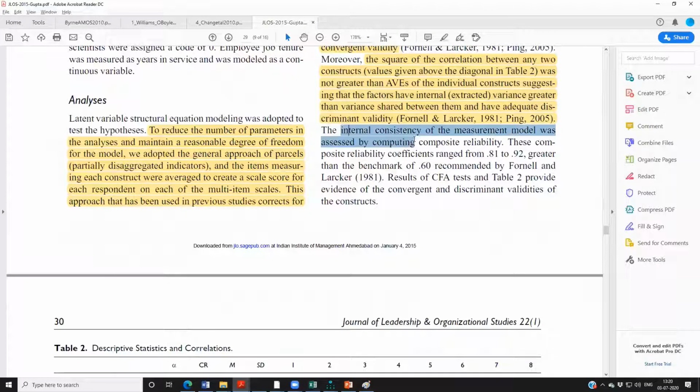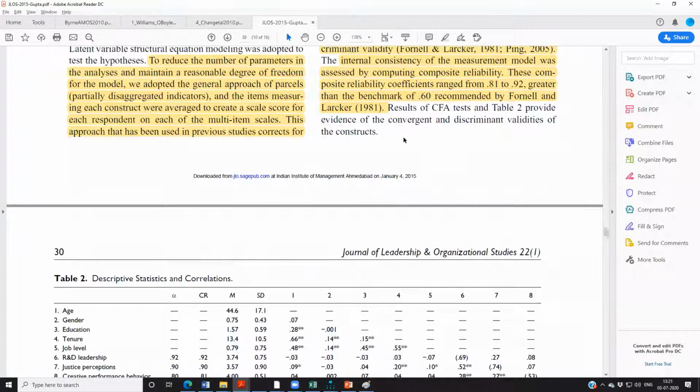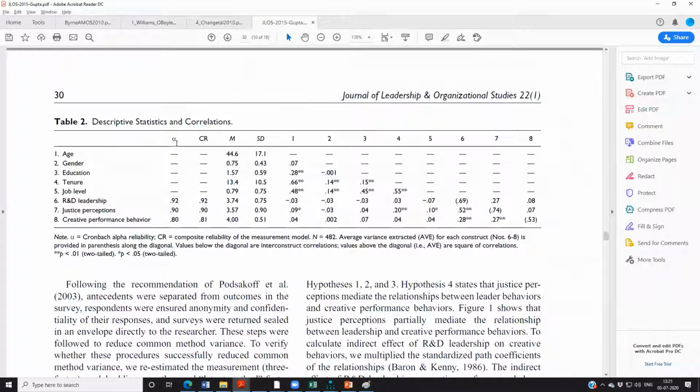The internal consistency of the measurement model was assessed by computing composite reliability, which we have discussed. These composite reliabilities range from 0.81 to 0.92, greater than the benchmark of 0.60. Some people use 0.70, so I have written 0.60, but they are all greater than 0.70 also. And results are given in the table. So you see, this is alpha.